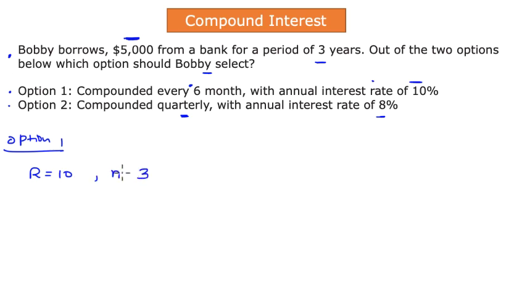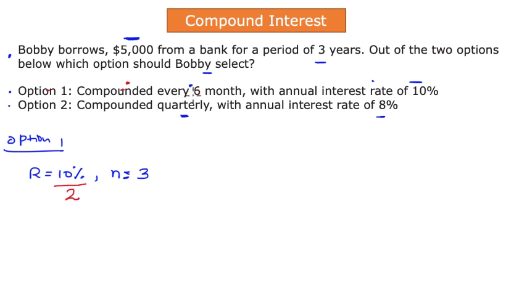So I'll just use the word N here because that is what I'm looking for eventually, right? So the loan duration is 3 years and the rate of interest is 10%. But since we are talking about compounding, and option 1 is interest compounded every 6 months, that means this annual rate has to be divided into two parts. Why?